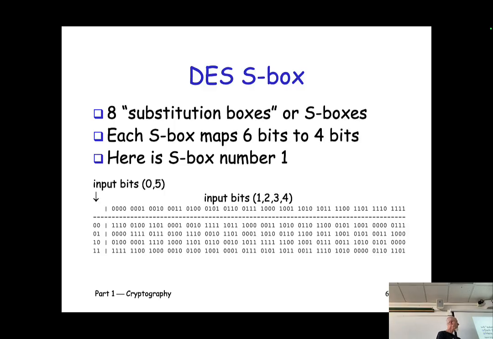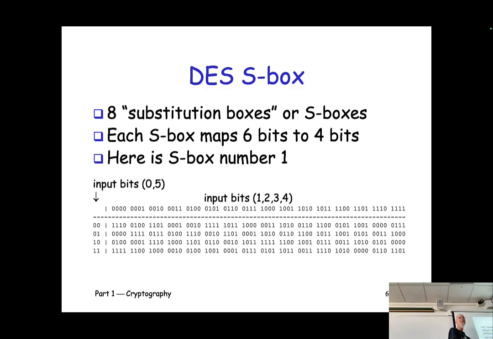This is one of the S boxes. We have 6 bits going in. We take the first and last bit of those 6 bits, and that indexes the row. We take the middle 4 bits, and that indexes the column, and then we pull out the 4 bits that happen to be there. That's all it is. It's just a lookup table. Nothing fancy. Suppose the bits that come in are 1, 1, 0, 0, 0, 0.